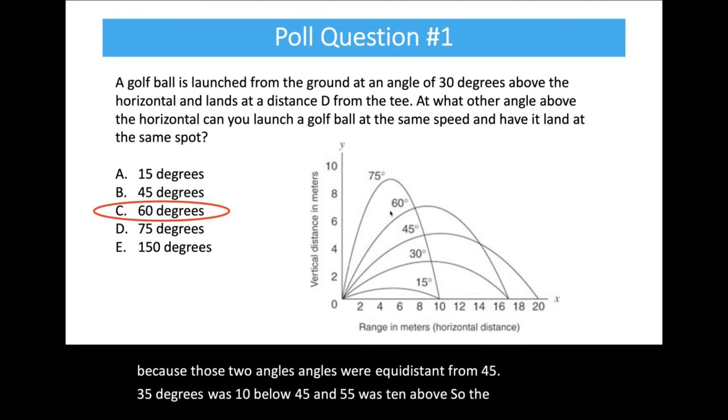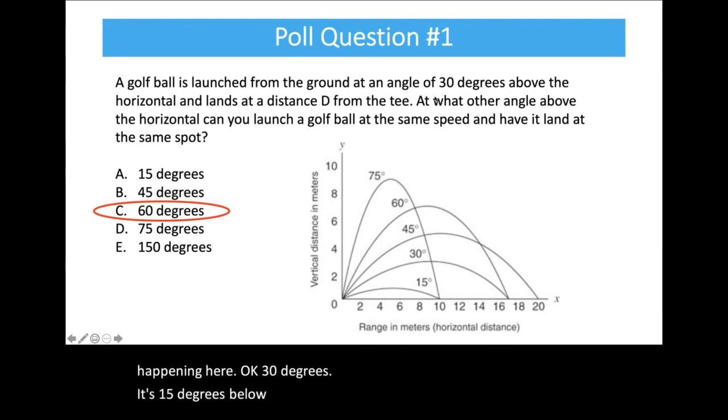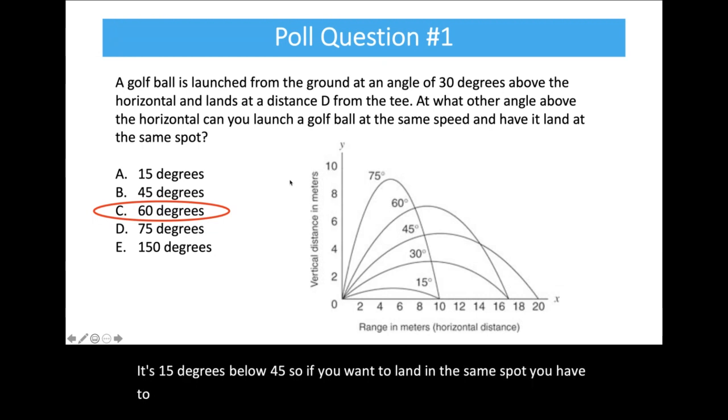The same thing is happening here. 30 degrees is 15 degrees below 45, so if you want to land in the same spot, you have to launch at 15 degrees above 45. That's why it's 60 degrees.